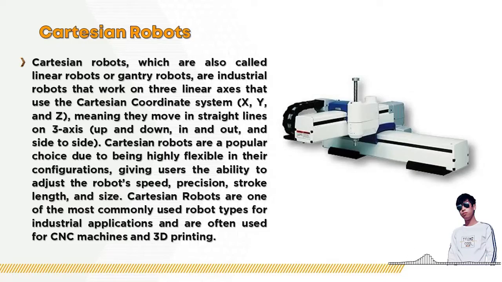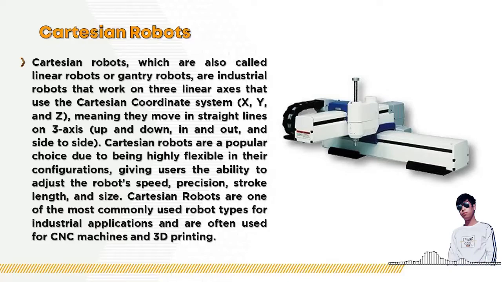Cartesian robots, which are also called linear robots or gantry robots, are industrial robots that work on three linear axes that use the Cartesian coordinate system x, y, and z, meaning they move in straight lines on three axes: up and down, in and out, and side to side.